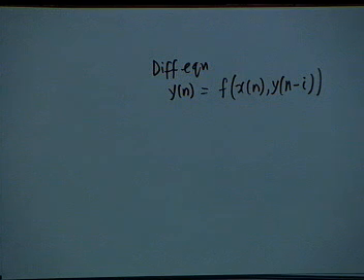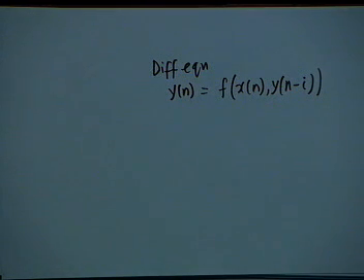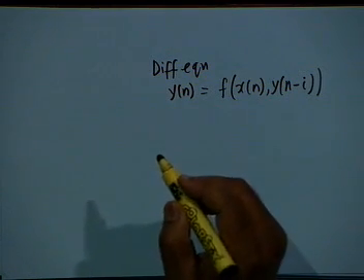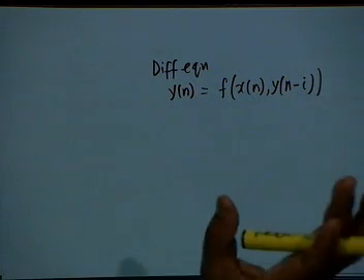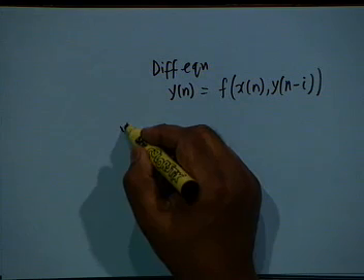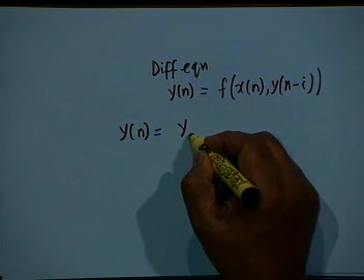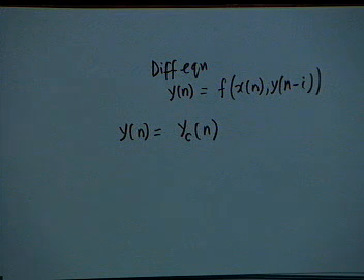There are no products of x of n and x of n minus 1. There are no products of x with y. It is a linear equation. Given this, the solution to the difference equation, exactly like differential equation, consists of two parts, namely a part which is called the complementary function.